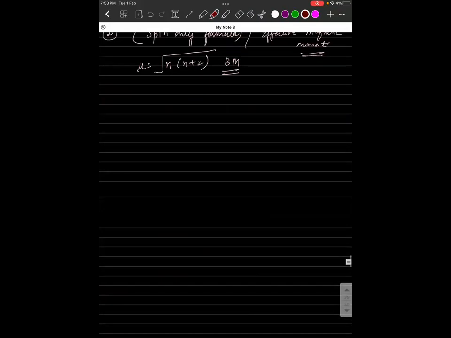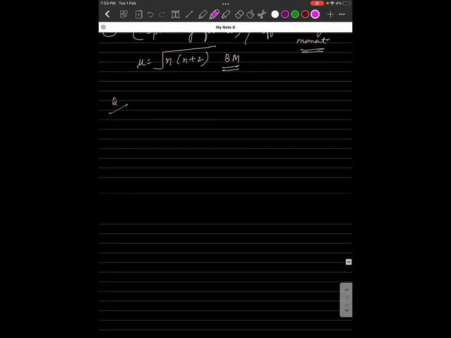Another type of question that you can get from this part is like you need to calculate the spin only magnetic moment of M2+ ion.